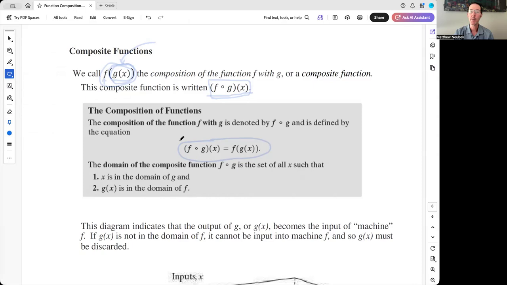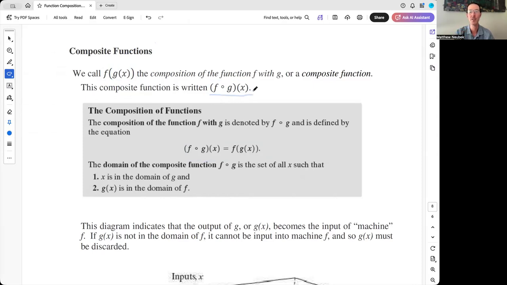Now the conversation about domain gets a little bit more tricky. But before I move on, something that I want to make sure you watch out for. I don't know if I would call this a common misconception or just a common error, but sometimes students look at this, especially if it's in very small font, right?